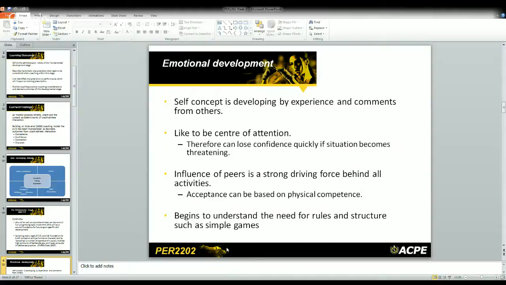But they'll also be influenced by their friends. Quite often, if their friends are doing something, they're going to want to do it. So as opposed to self-selection, they will generally drift towards something that all their friends are doing as well. But it's also a good opportunity for them at this stage to start learning about rules and structures.